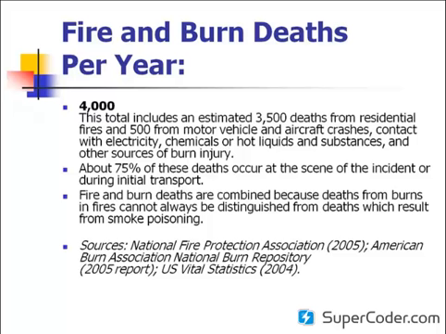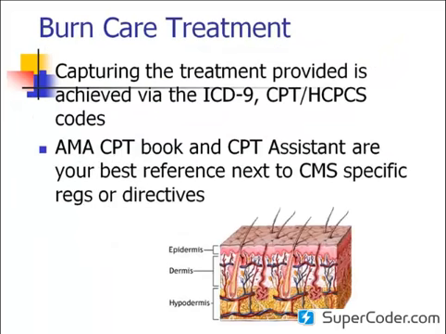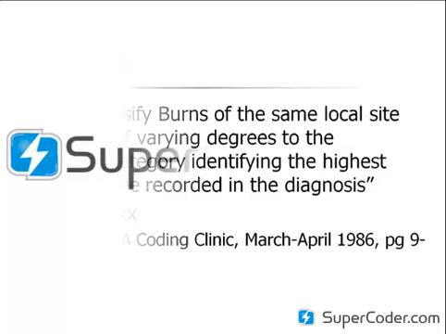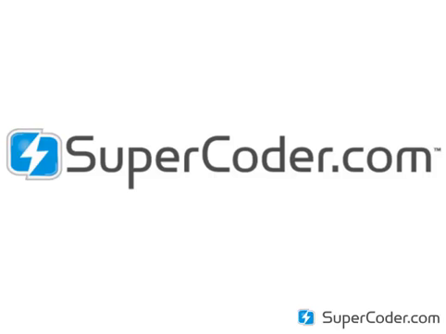So if you're using 948.XX, you need to precede that code with more specific ICD-9 coding, like 942.26, 943.34, 944.2, 942.1, whatever it is, and then 948.XX if it applies. So don't use 948XX to try to get reimbursed because it's really a non-explanatory code.